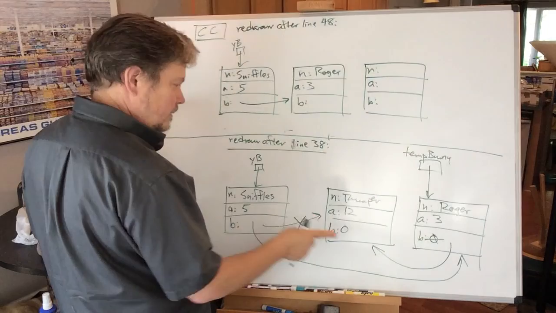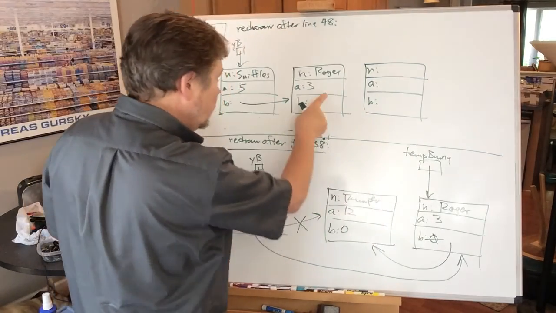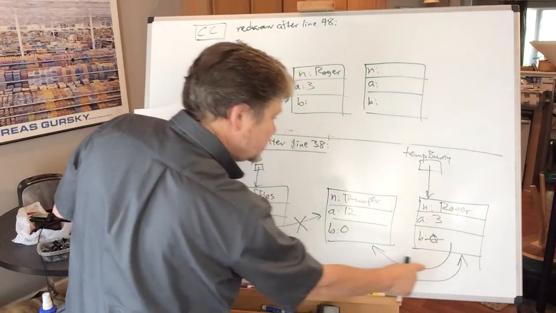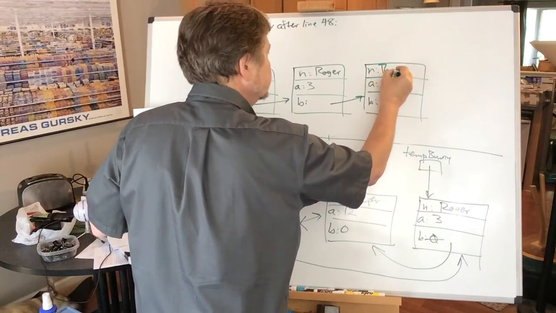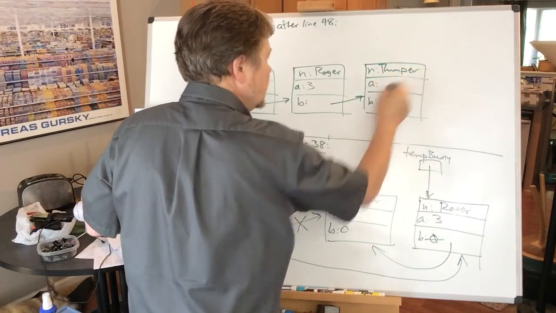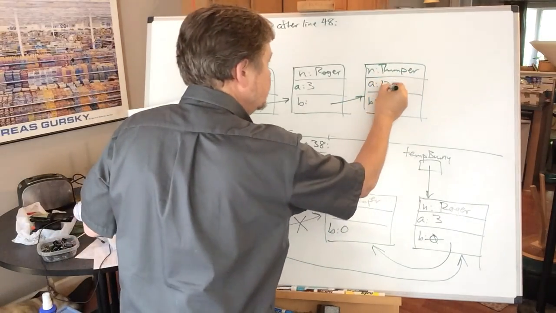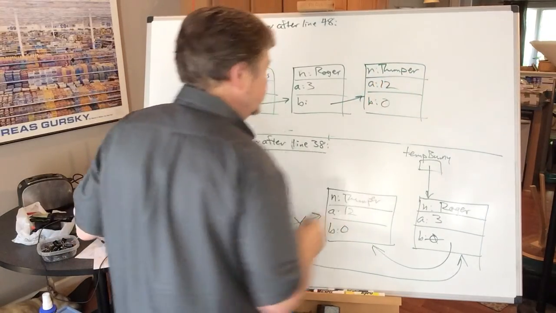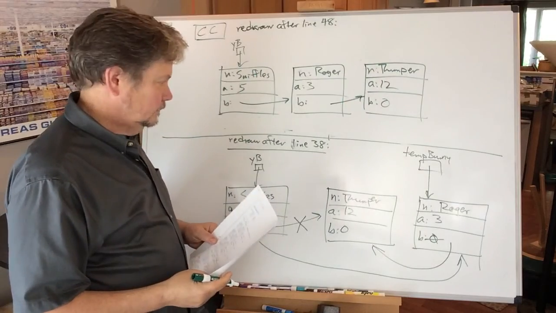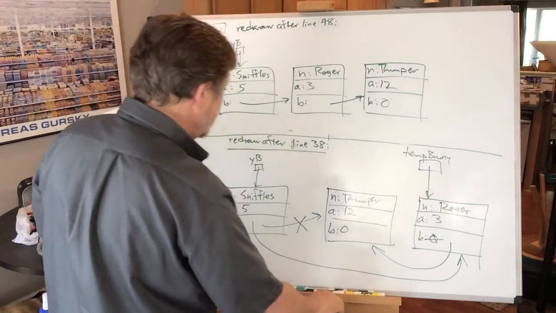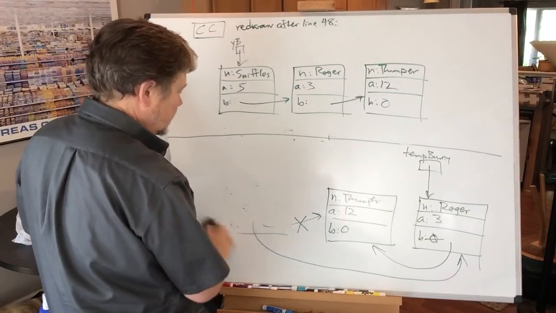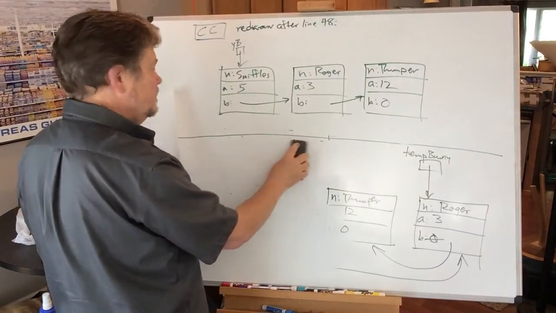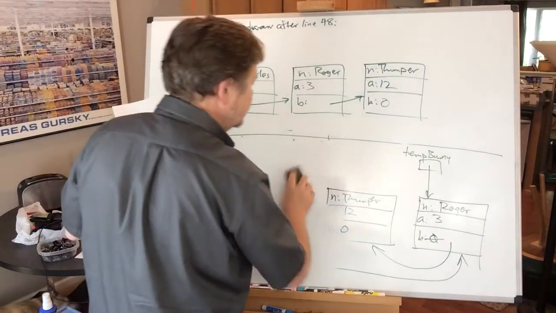And let's see if I got everything copied. No. When I put Roger here with 3, it has as its BFF a pointer to the Thumper structure. And Thumper's age is 12, and BFF is 0. Now, since I've redrawn it, I'll go ahead and free up board space for the next time I need it. This is the current state of affairs as of line 48.